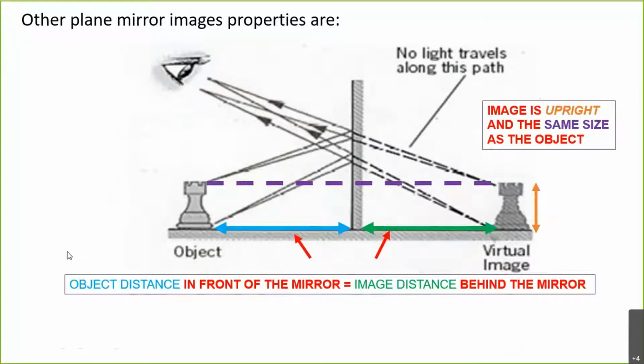That's a very important property. So it would serve you well to remember that. Also, when you look in a plane mirror, you notice that the top of your head matches the top of your head in the mirror. So your image is upright, you're not upside down. And you're also the same size. So the image that is formed on a plane mirror is going to be the same size as the object.